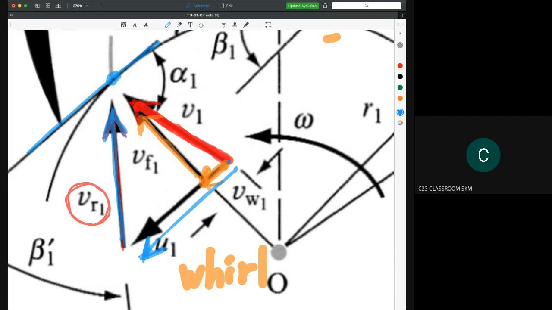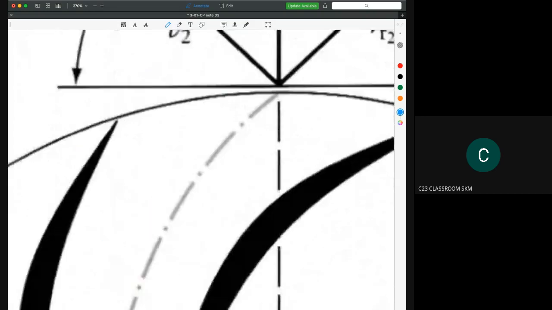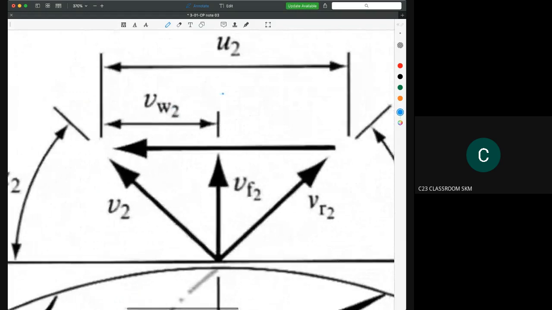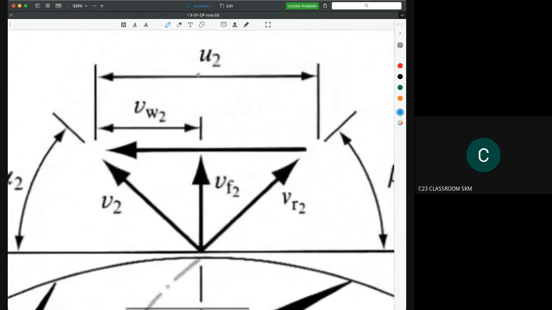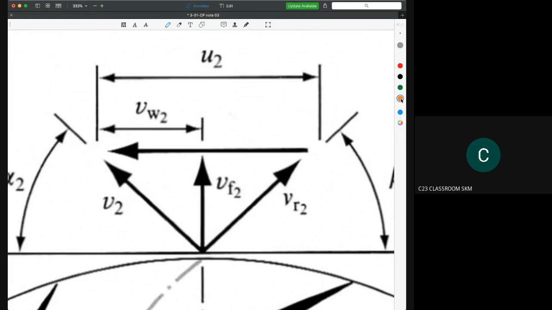So we use subscript 1 here to show the inlet, and we use subscript 2 for the outlet. So this is the velocity for the outlet, the resultant velocity, the real velocity that occurs inside this pump. So this is V2.